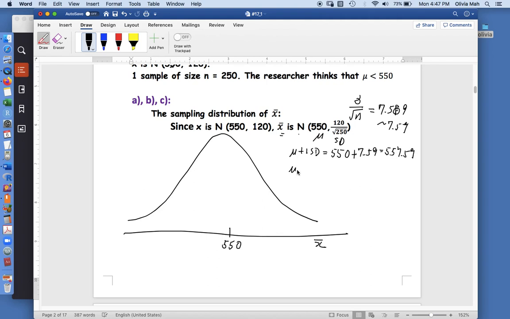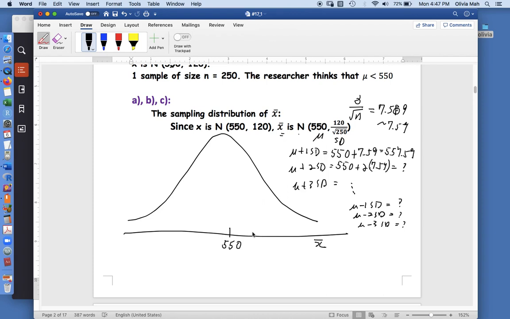Then mu plus 2 standard deviations is 550 plus 2 times 7.59. Then mu plus 3 standard deviations, and so on. You also need mu minus 1 standard deviation, mu minus 2 standard deviations, and mu minus 3 standard deviations. So you figure out all these 6 numbers, and then you can do your marking here.